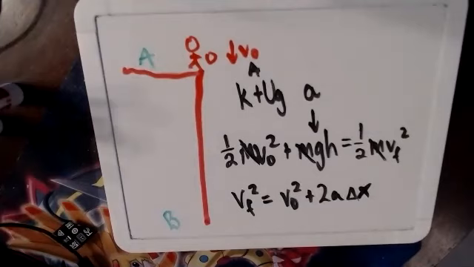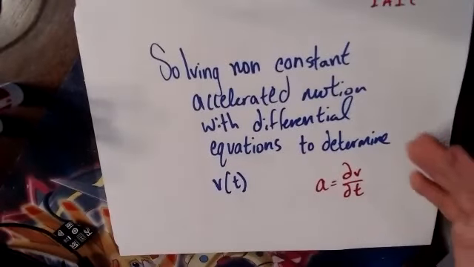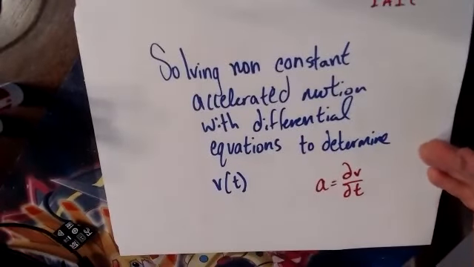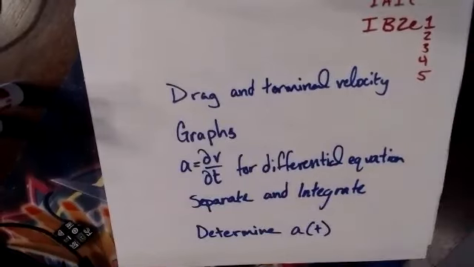The next one that the College Board says is on the list is solving non-constant accelerated motion with differential equations. So we need to be able to identify velocity as a function of time and say a is dv/dt. But I really think that is more along the lines of what is associated with this objective.